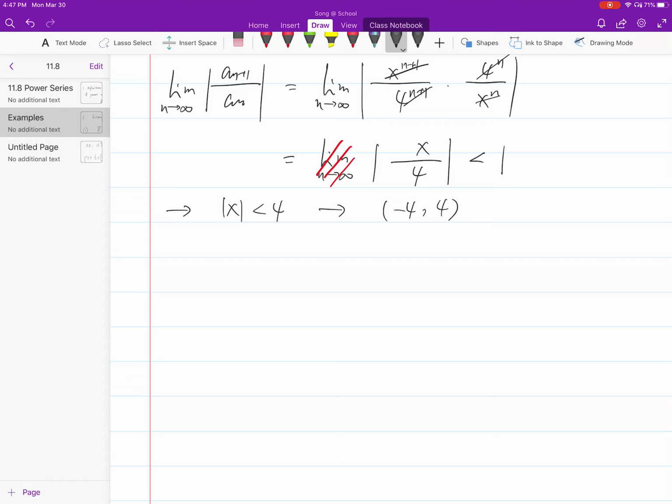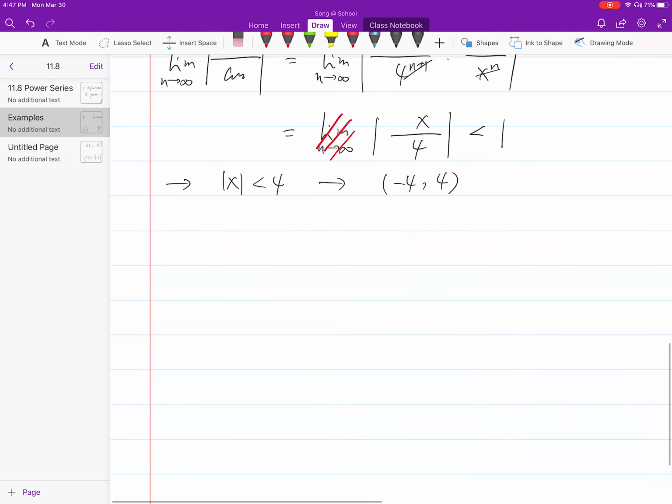Now if you're outside this, you are definitely divergent. Because if this is bigger than 1, it's divergent. So that's easy. The only thing we're not sure about is what happens if this equals 1. We cannot simply say it's convergent or divergent. We need additional work. So check the ending points.